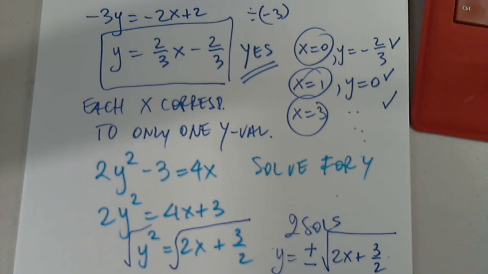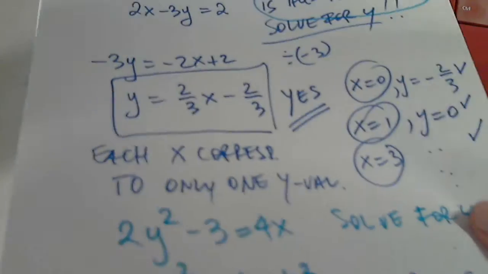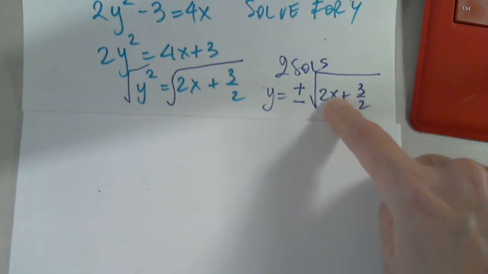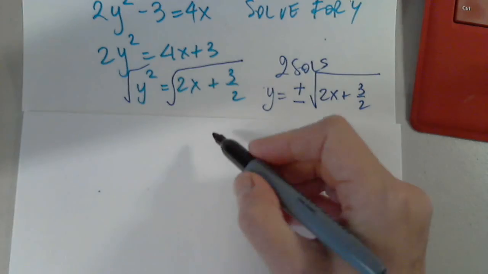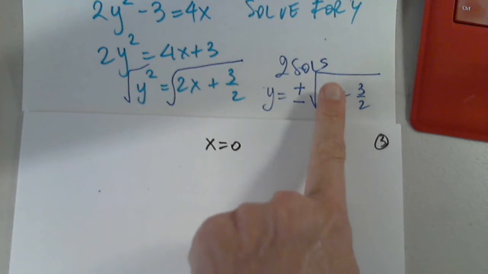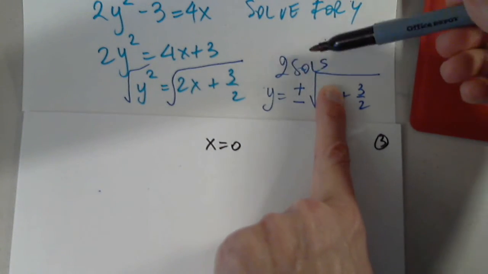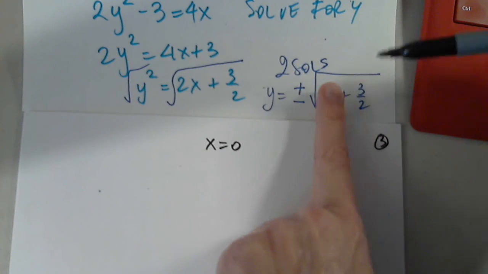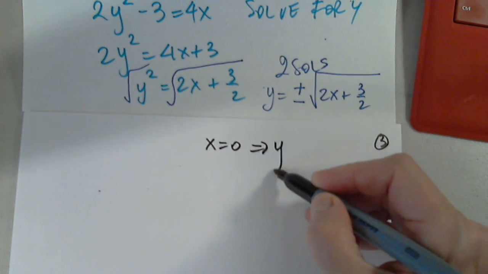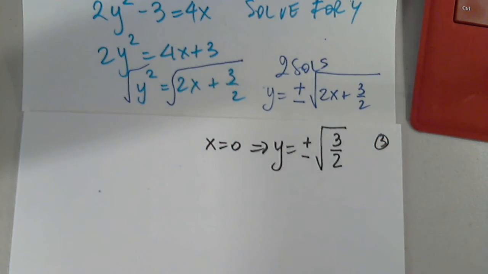And I already see that I will have two options. And here is what I see. I see that if I make x equals 0, how many solutions do I get for the simplest one, for x equals 0? Y is plus or minus the square root of 3/2, because this is 0. When x is 0, I get y equals plus or minus the square root of 3/2.